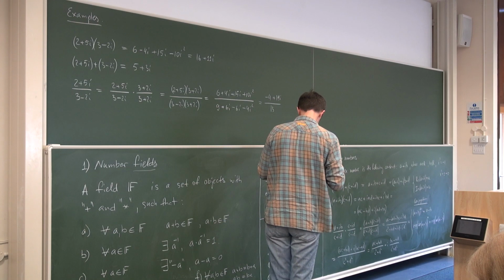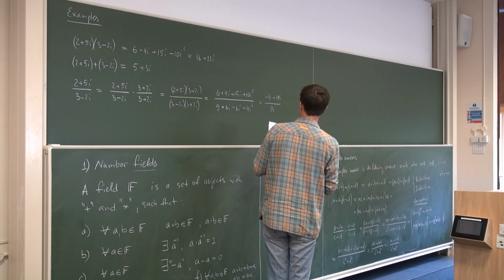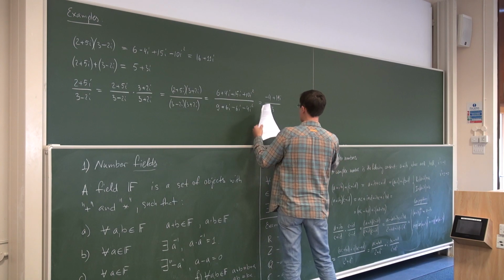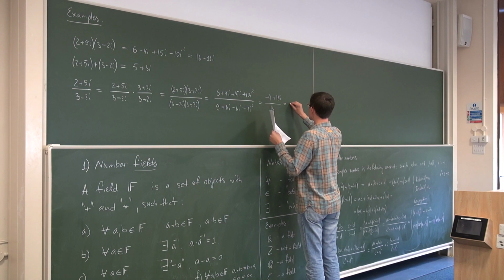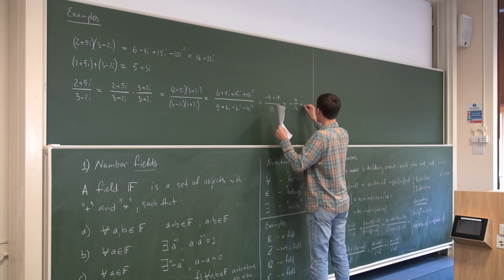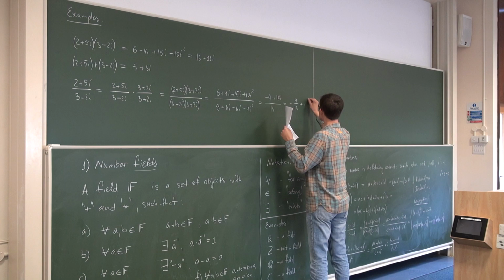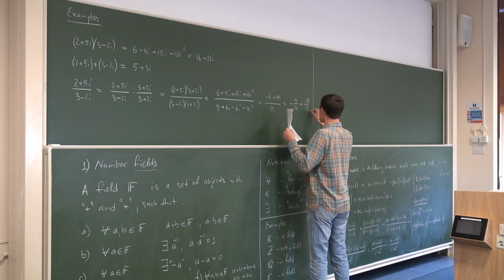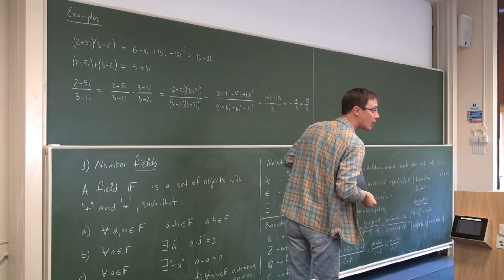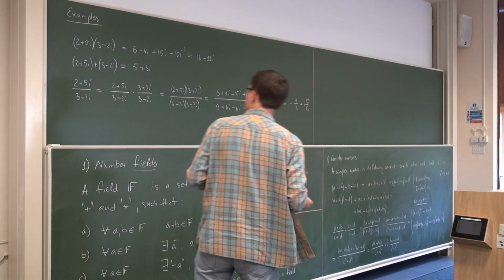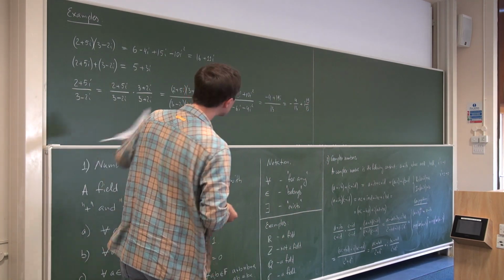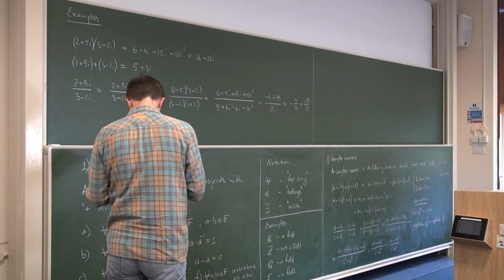And if I haven't made any arithmetical mistakes in there, and I haven't, good, that's minus 4 over 13, plus i times 19 over 13, and that would be the final answer that you would be required to produce in the exam if we ask you to simplify the structure.